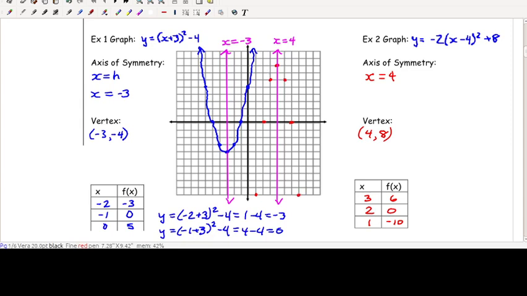This is quite a narrow one because of the -2, and flipped over, which we kind of expected from the -2 as well. So again, as best you can, smooth curves as opposed to straight lines coming down here. It's not as easy as it looks.